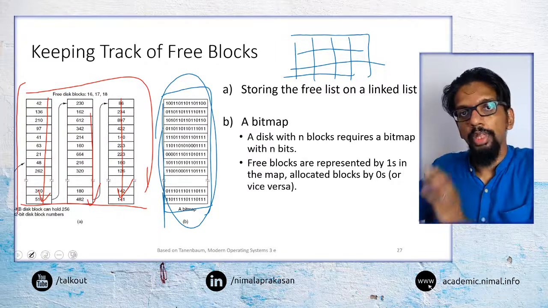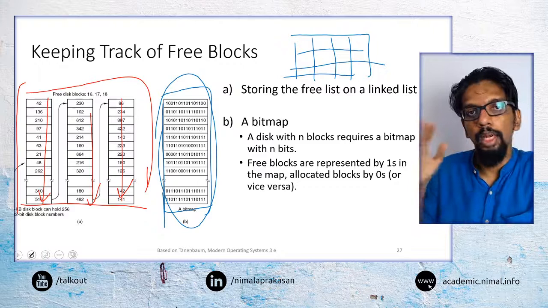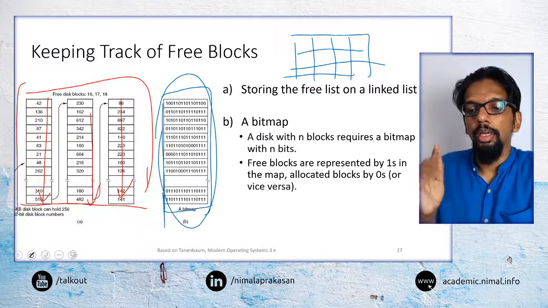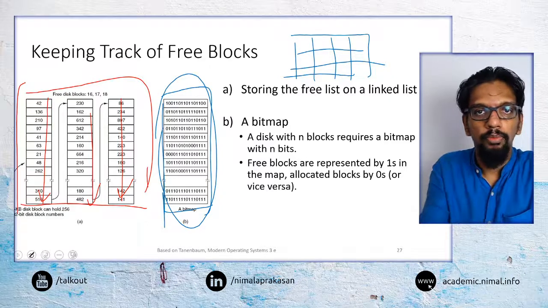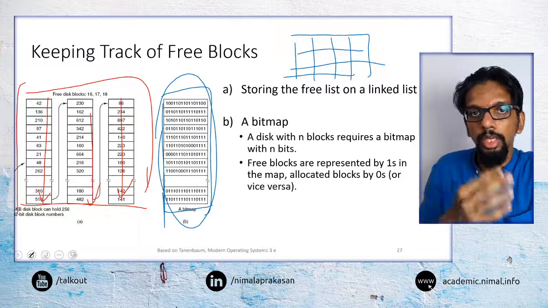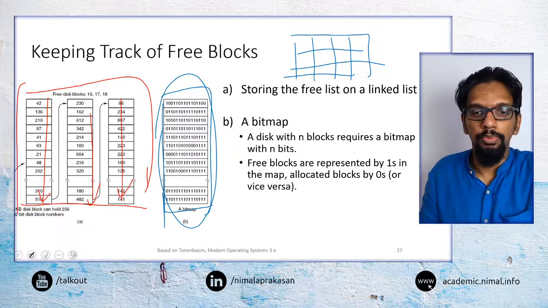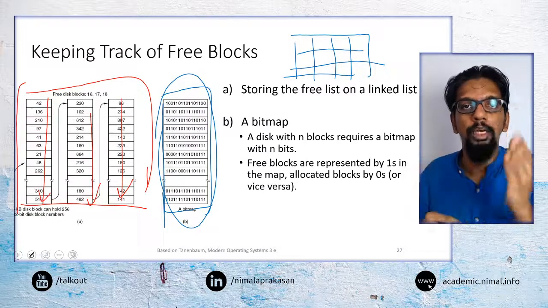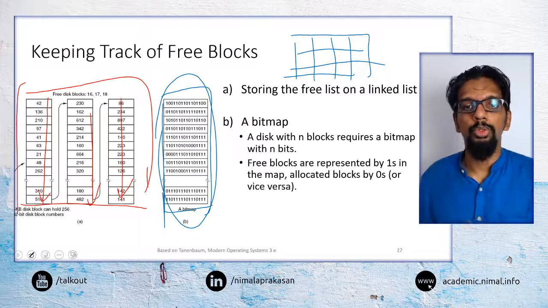However, the larger the storage medium is, we will have that many number of entries, and there we would have a 1 to say it is free and 0 to say it's being used, or vice versa, 1 to say it's used, 0 to say it is free, but it is a set of bit entries to say whether a block is free or it is used.